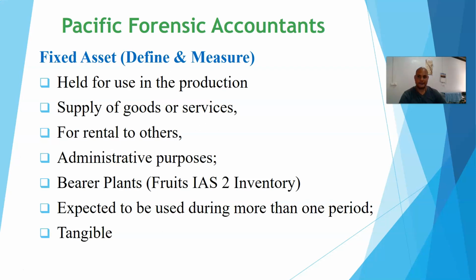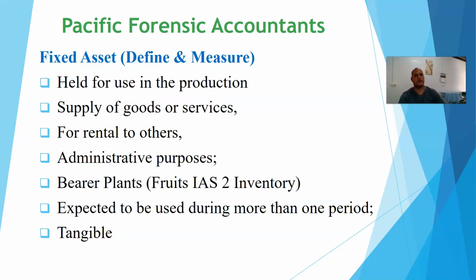An asset is said to be held for use in the production of the organization. So if an asset can assist the organization to produce whatever it is producing for the purpose of resale or to generate revenue, then that item is said to be an asset.